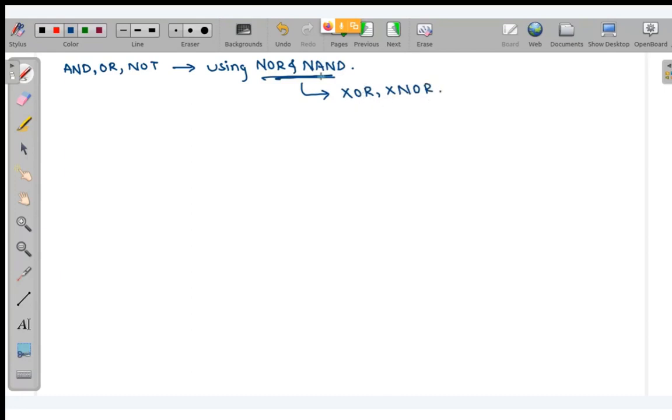First, construct using NAND. First you people try, then I will do.